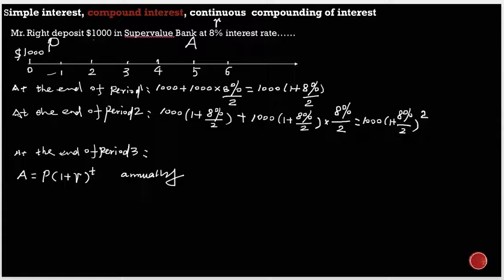How much will Mr. Wright get at the end of period 3?